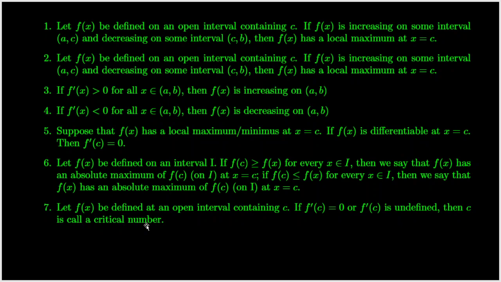I want to repeat, a critical number is a possible location. The critical numbers are the possible locations of local maximum and local minimum.